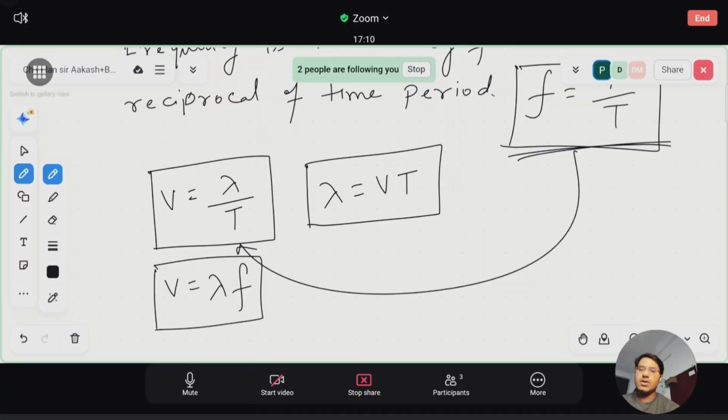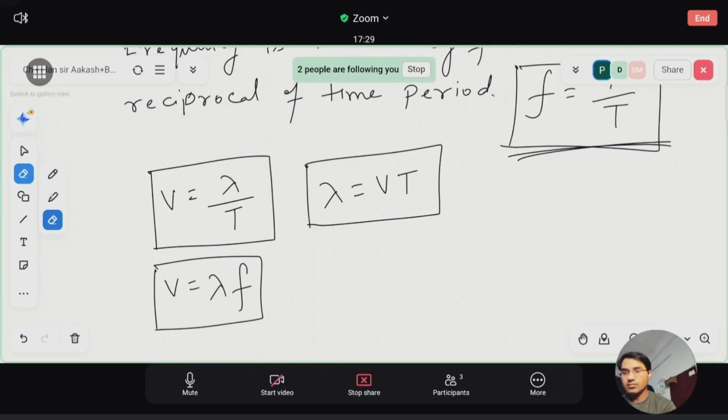So v is equal to lambda over T, lambda is equal to v into T, and v is equal to lambda into f. What should be the relation, Deepika, if we want to find frequency in terms of velocity?